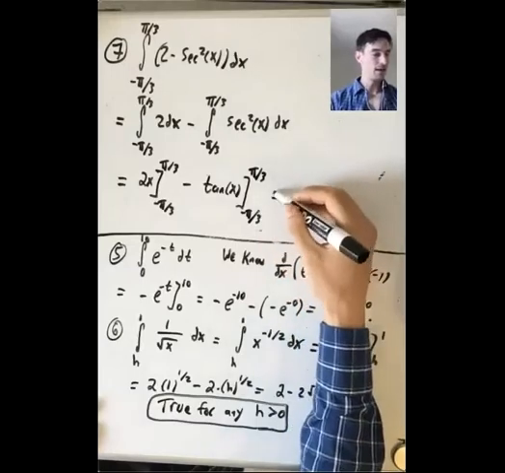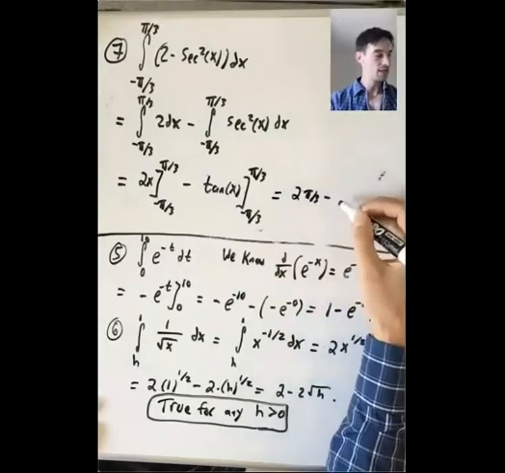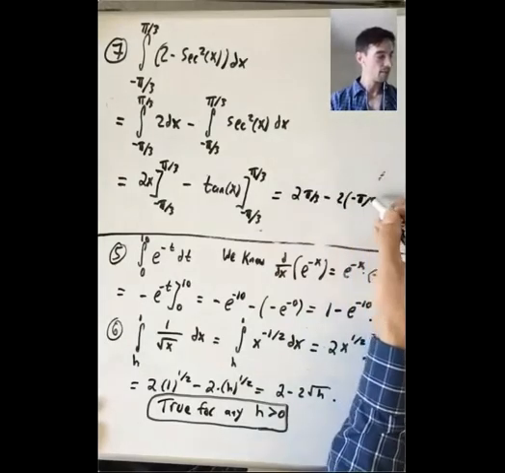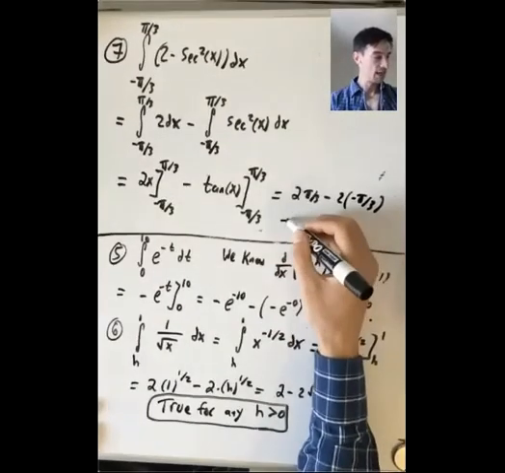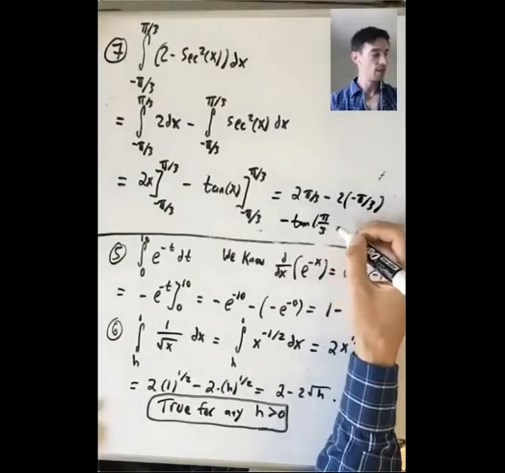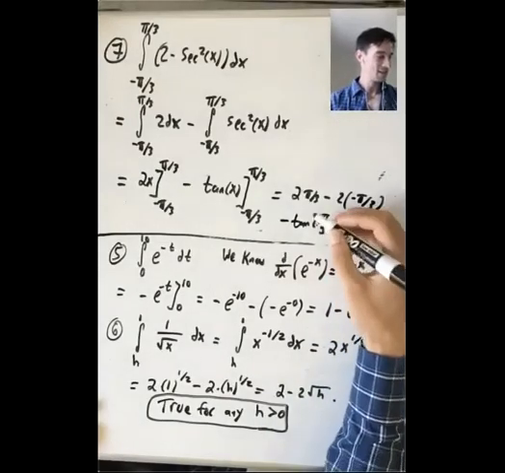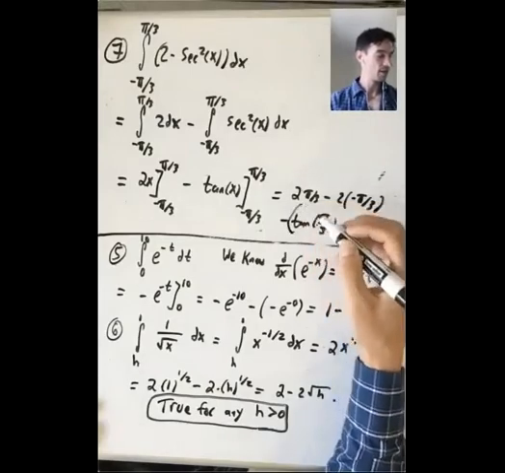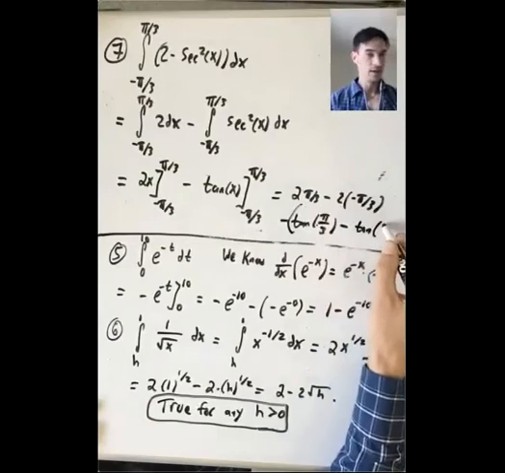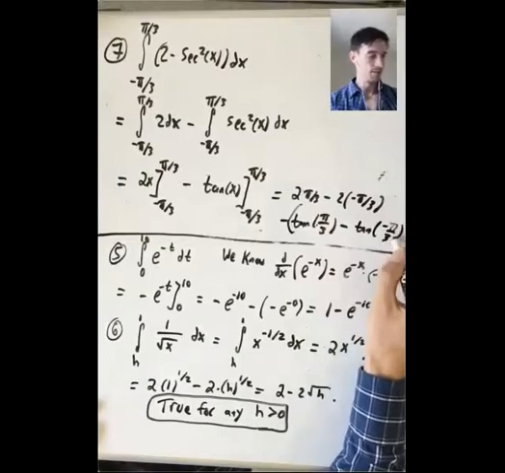So what we get here is 2 pi over 3 minus 2 times negative pi over 3, minus, let me be a little careful here, let me put parentheses, tangent pi over 3 minus tangent of negative pi over 3.